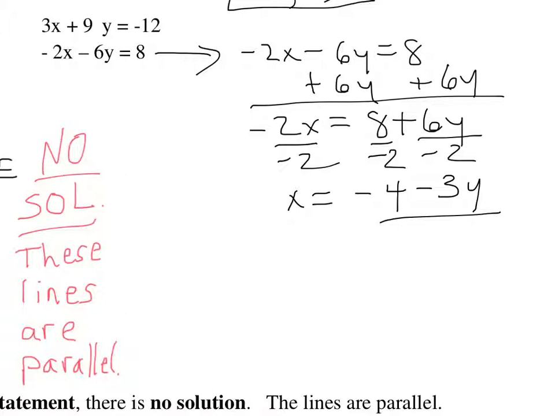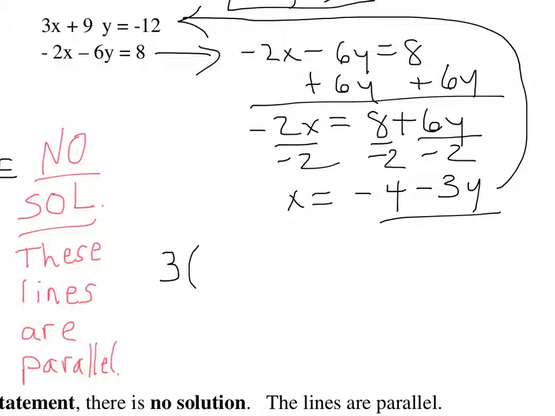Let's put that information into the first equation. So we'll have 3 times x. Wait a minute. x is negative 4 minus 3y. So I'm going to substitute that value into the first equation. Plus 9y equals negative 12. We solved the second equation for x.